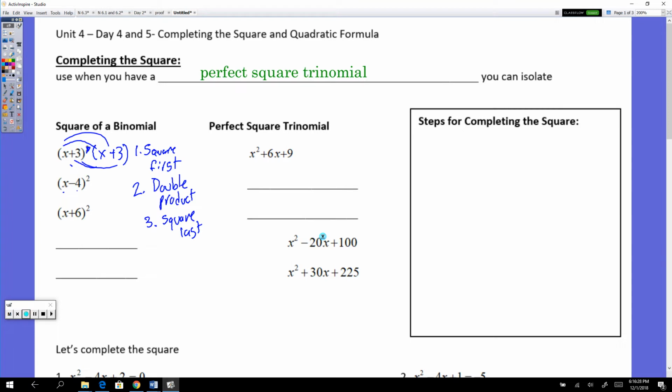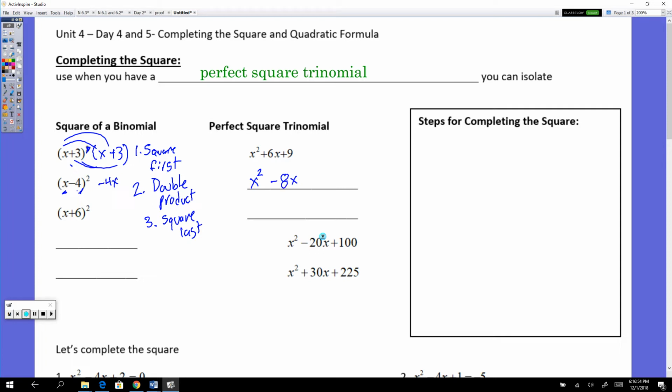So I square the first thing, so when I square x, that becomes x squared. Double the product means you're going to take this x times that 4, and it's technically a negative 4 here, so x times negative 4 is negative 4x, and now I'm going to multiply that by 2, giving me negative 8x.